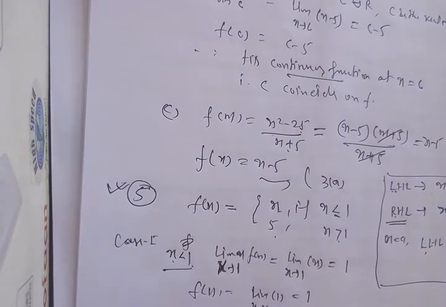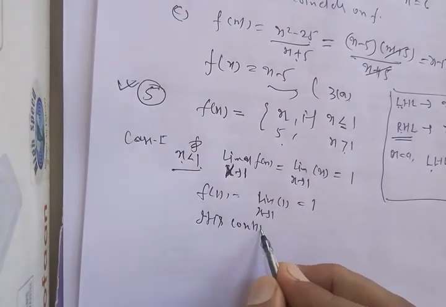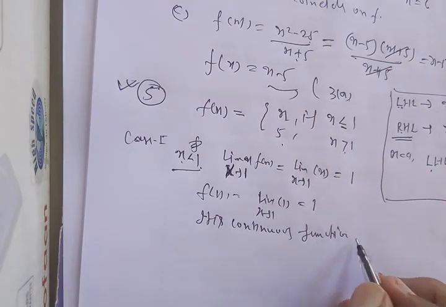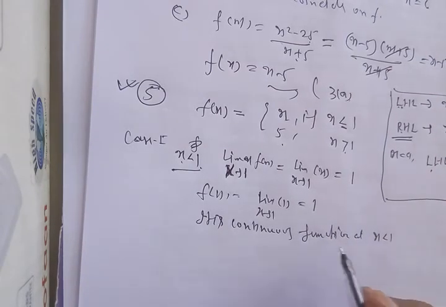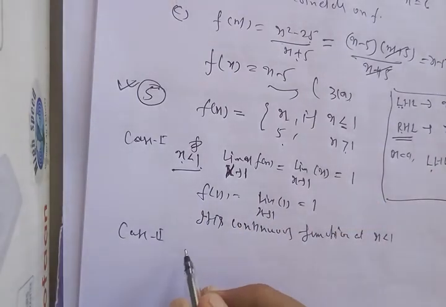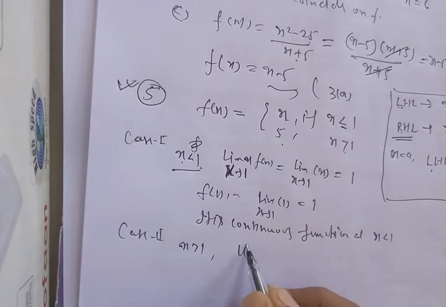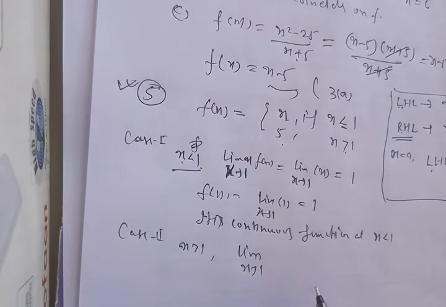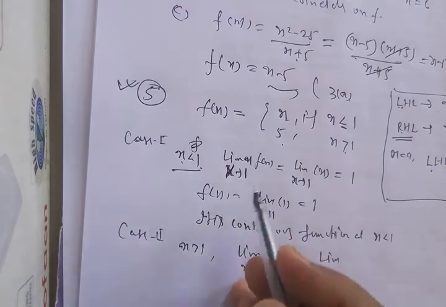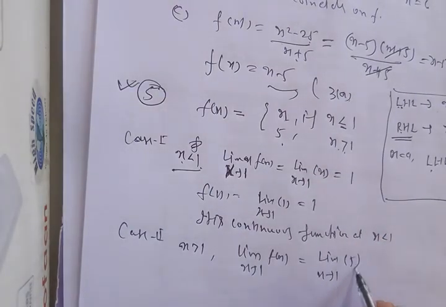Clear. So it is a continuous function at x less than 1. Next, case number second, verify this. X is greater than 1: limit x tends to 1 of function of x equals limit x tends to 1 of the greater than function, which is 5, a constant function.